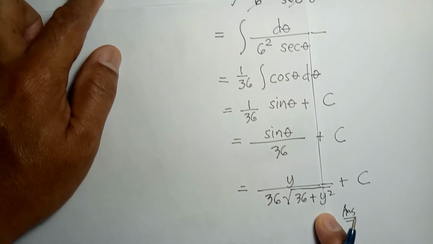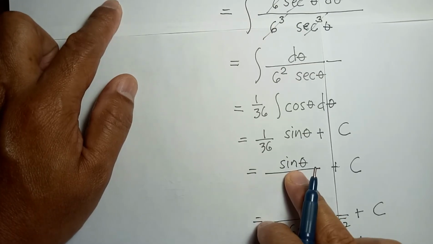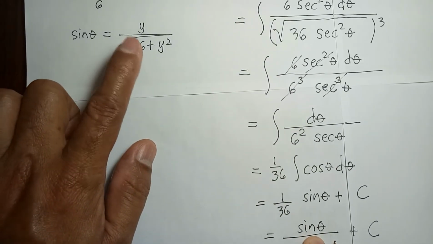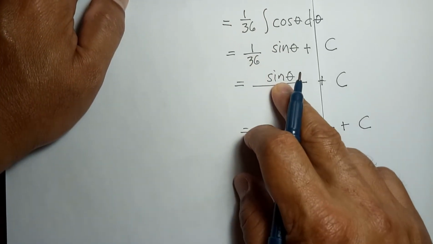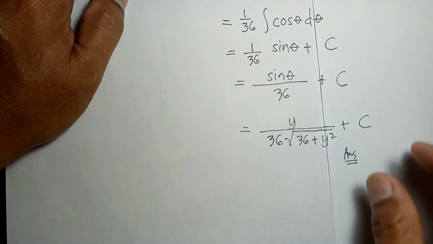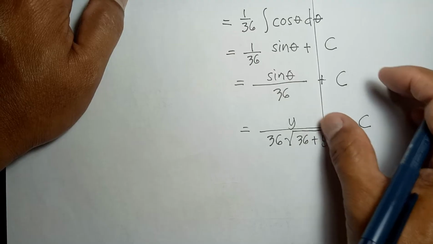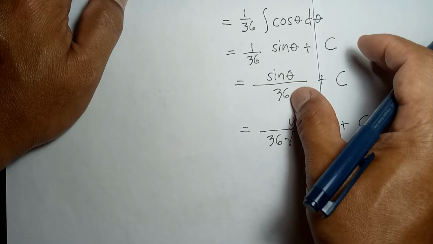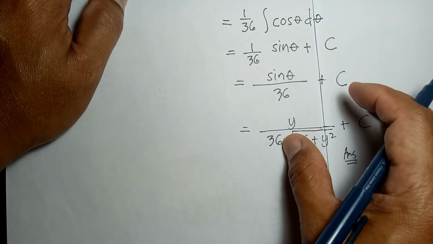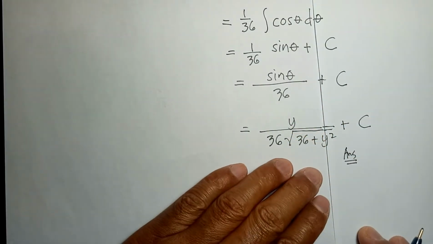So, I repeat. Yung sin theta na ito equals sa y divided by square root of 36 plus y squared. So, papalitan natin siya noon. At yung 36 na yun ay yung 36 na ito. This is now our answer.